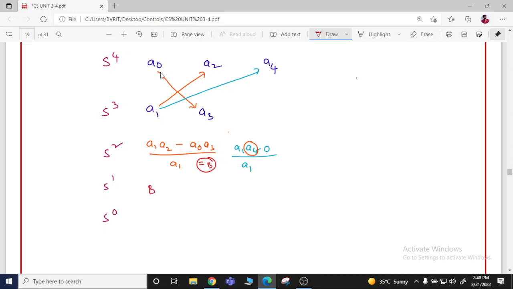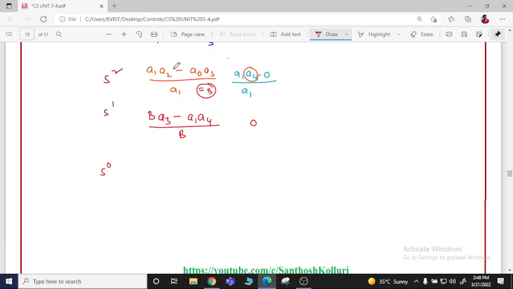This is my next column. And here there is no coefficient left, so I can keep 0. Next, b into a4 divided by b gives us only a4.